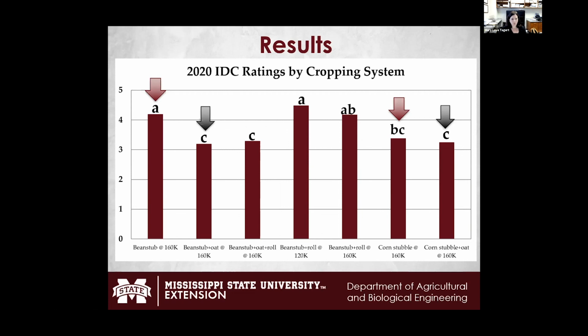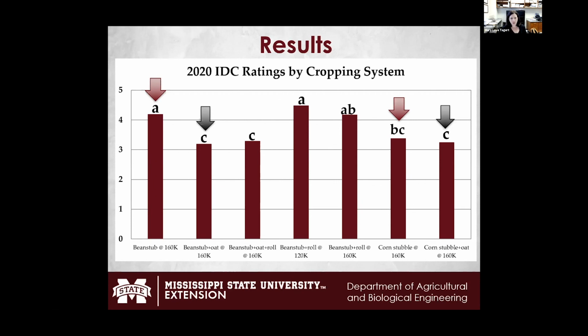But one thing I wanted to point out, in 2019, the cropping systems that are labeled with corn stubble were actually planted into corn stubble. But then in 2020, we didn't plant the corn in 2019 to have the corn stubble in 2020.